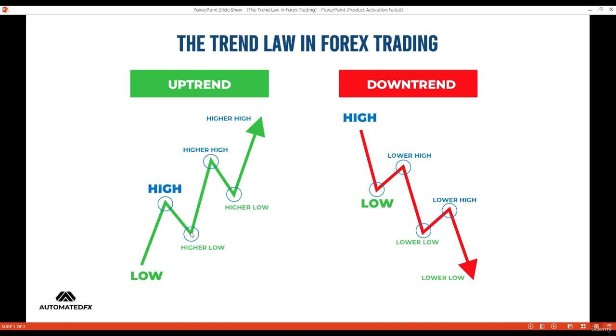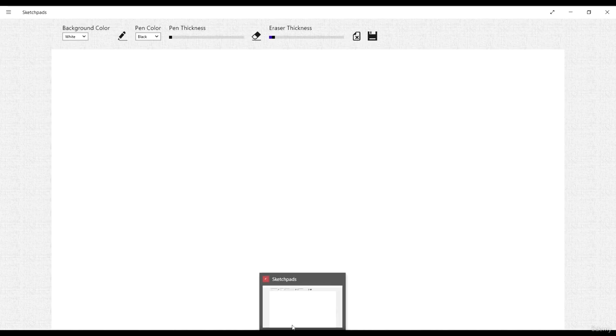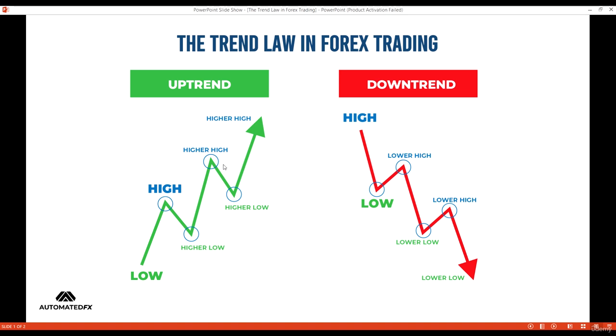And this low here has to be higher than this low here, and then this low here has to be higher than this low here. So that's when it qualifies as an uptrend. I'm trying to open this so I can draw something for you to understand more. So this is an uptrend.